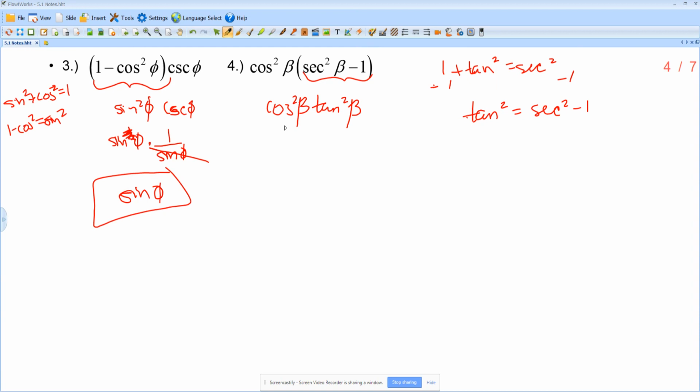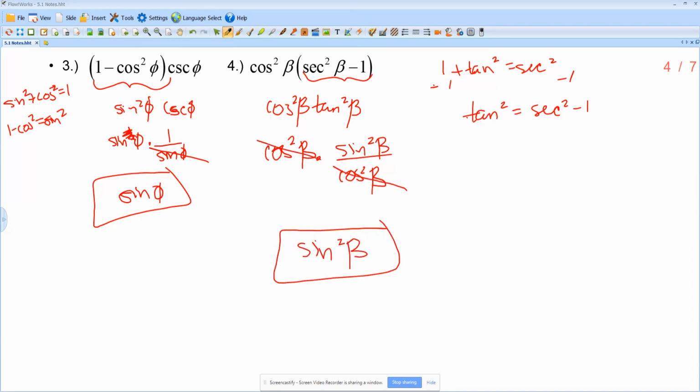Now I still see these squareds, but I don't have a 1 anymore, so what I'm going to do now is rewrite tangent. So this is cosine squared beta times sine squared over cosine squared. The cosine squared over cosine squared cancel, and I'm left with just sine squared beta. So this is all I'm going to cover in terms of simplification.